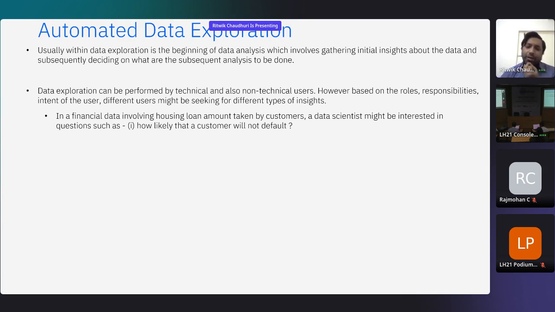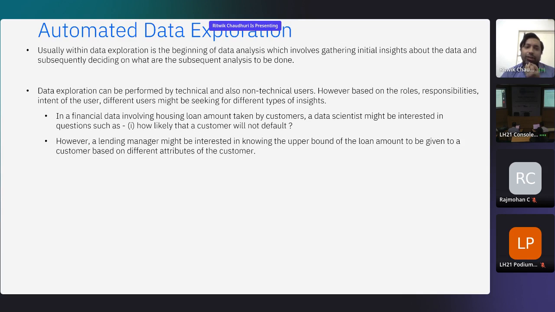Whereas a lending manager might be interested in the upper bound of the loan amount to be given to a customer based on the customer's attributes. So the intent of the user becomes important in data exploration. The same exploration cannot be shown to all users, because it might not be interesting for all of them.